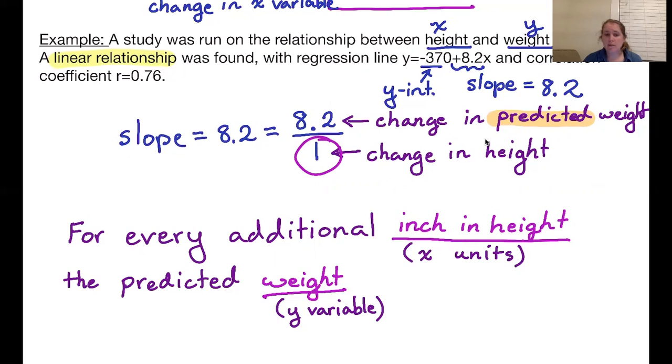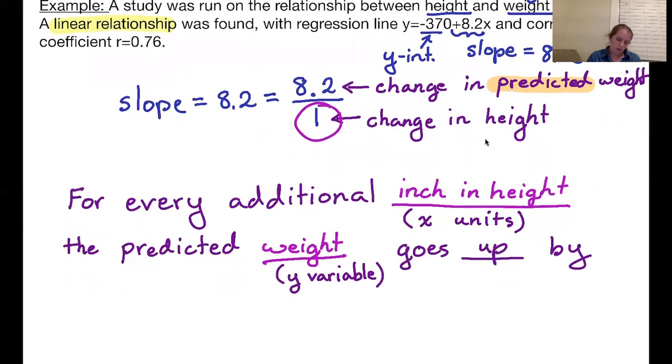We have a positive slope. By 8.2 pounds.